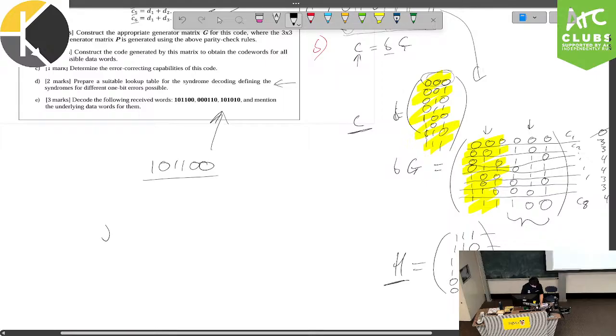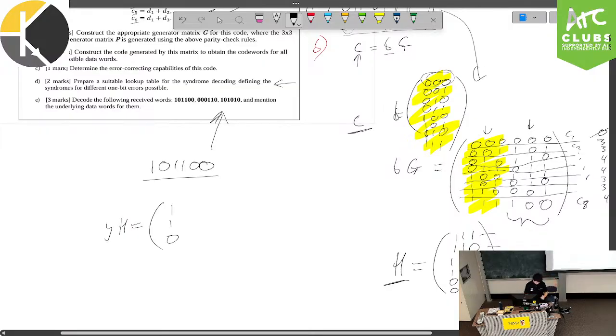Y times H is going to give me, sum the first 4, I get a 1. Sum the first 2 and the 5th, I get a 1. And then sum the first, 3rd, and 6th, I get a 0. I believe. You can double check that. That seems correct.